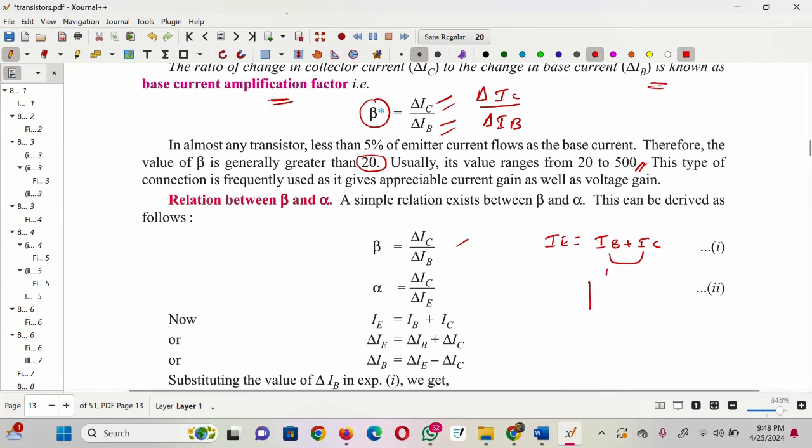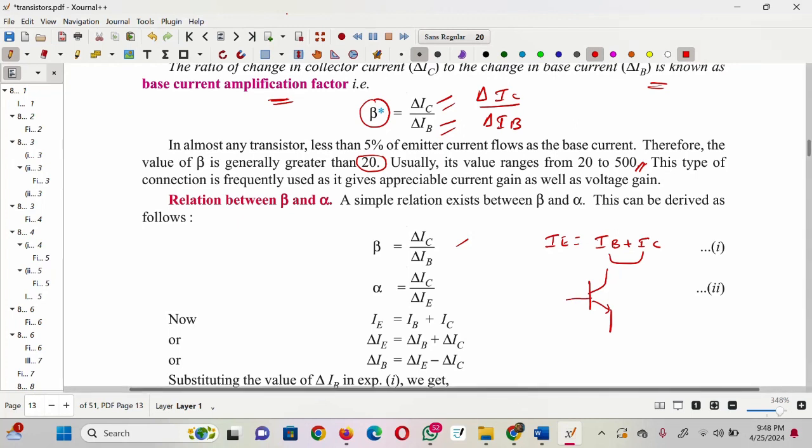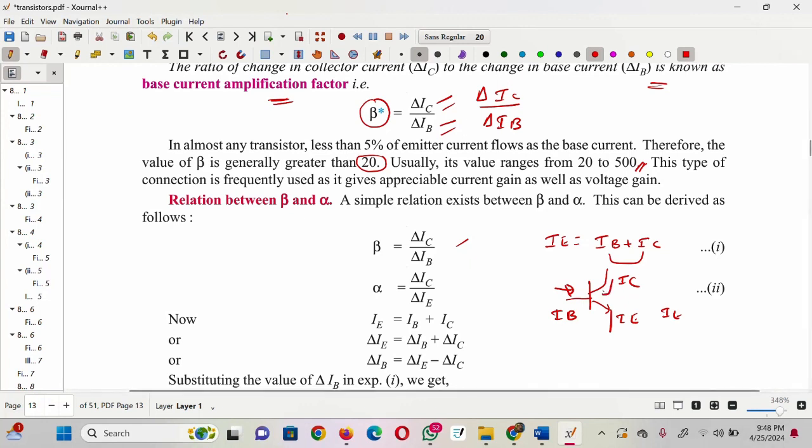Here we have the collector terminal, emitter terminal and base terminal. Here this is called IB, this is called IC, so total IE equals this current plus this current. IE equals IB plus IC.